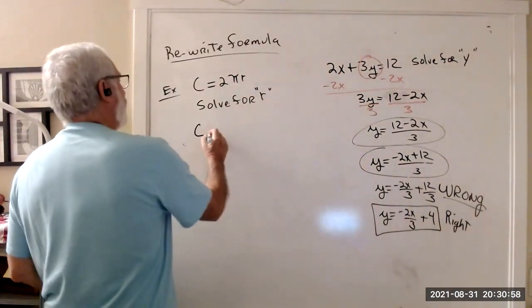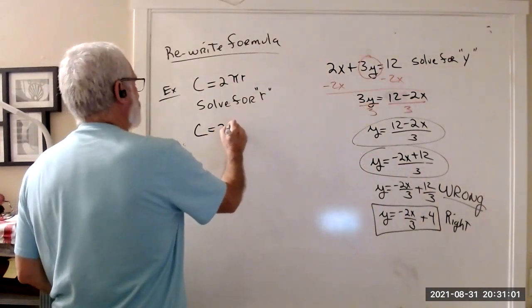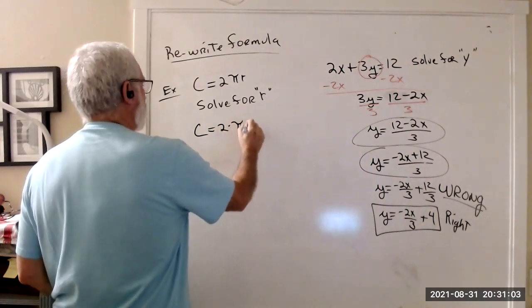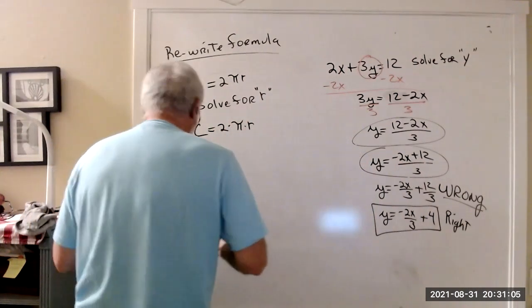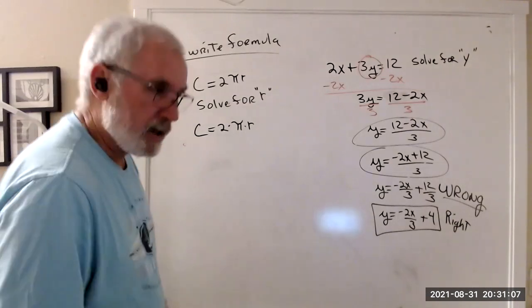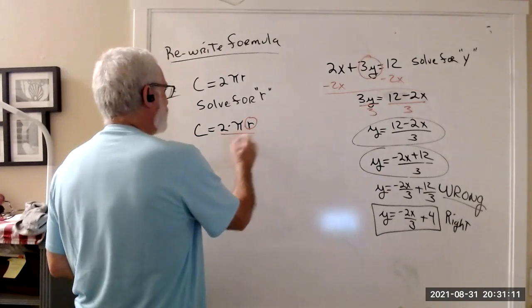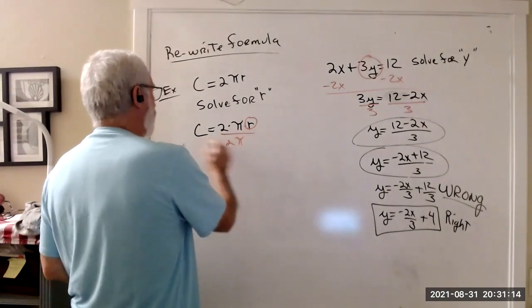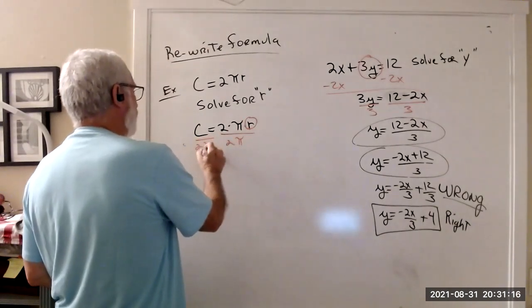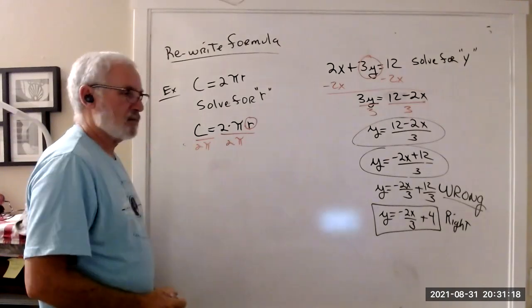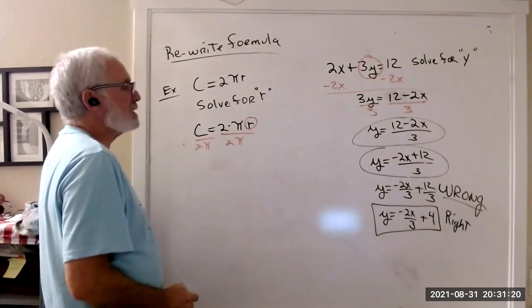Okay, so if we have c equals 2 times pi times r, and I want to get r by itself, the easiest way is to divide both sides by 2 pi. Okay, that's the easiest way.